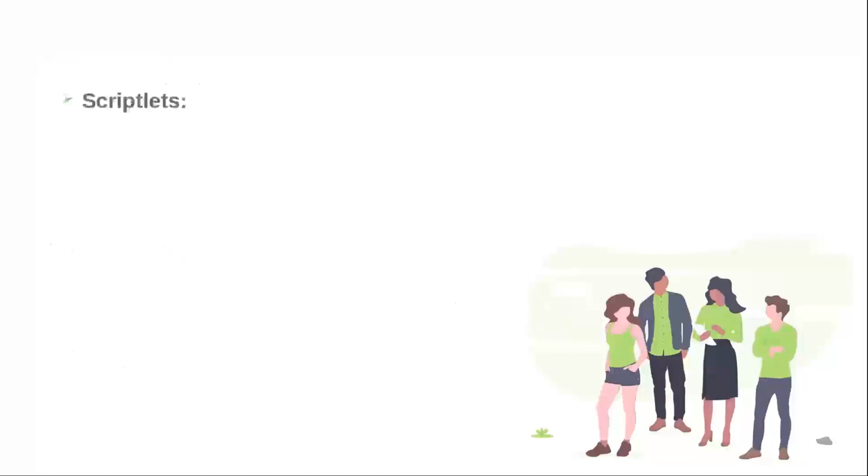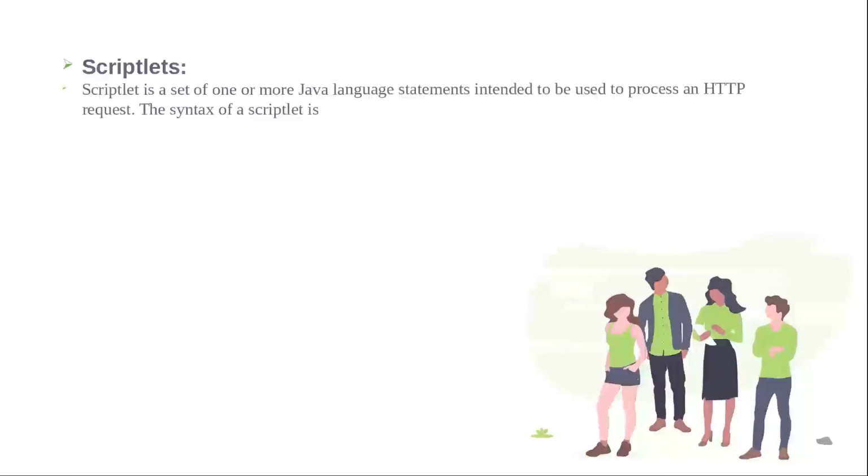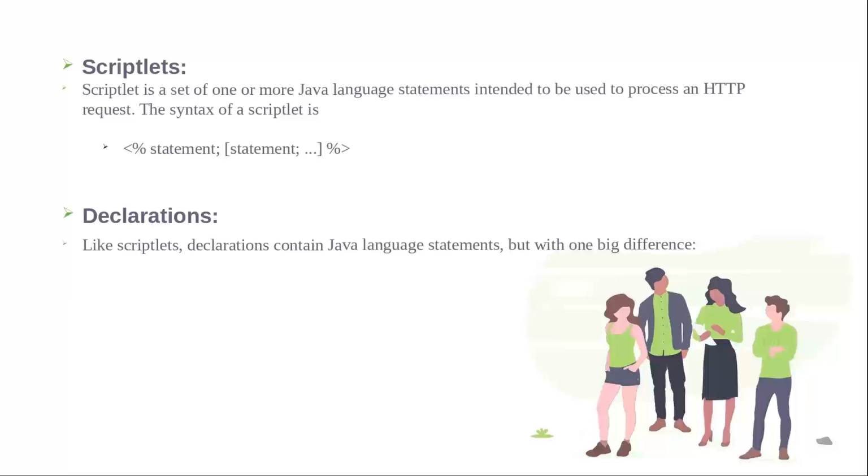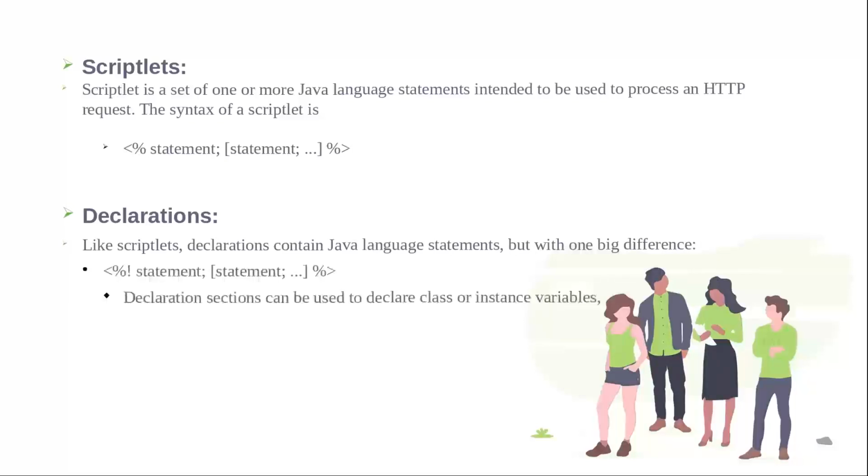Next we come to scriptlets. A scriptlet is a set of one or more Java language statements intended to be used to process the HTTP request. The syntax of a scriptlet is open angular brackets, percentage sign, statements, percentage sign, close angular brackets. Second is declarations. Like scriptlets, declarations contain Java language statements, but with one big difference.